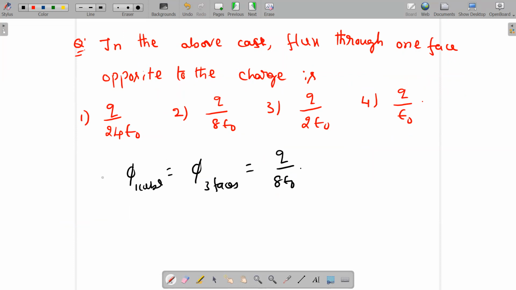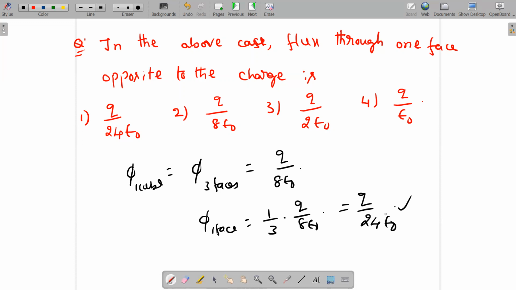If you want through one phase, flux through one phase is equal to 1 by 3 times this, that is q by 8 epsilon naught. It is equal to how much? q by 24 epsilon naught. I hope it is clear for you guys. I hope you have understood this.